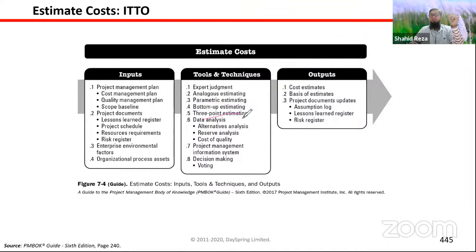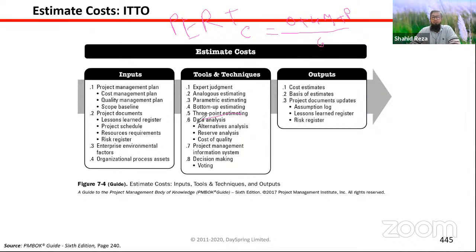3-point estimate. Can you remember 3-point estimate? There was a name for it, PERT, Program Evaluation and Review Technique. And there was a formula, right? The formula was optimistic plus 4 times most likely plus pessimistic, divided by 6.